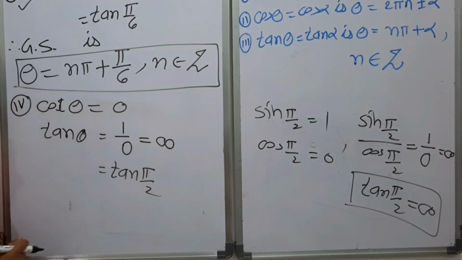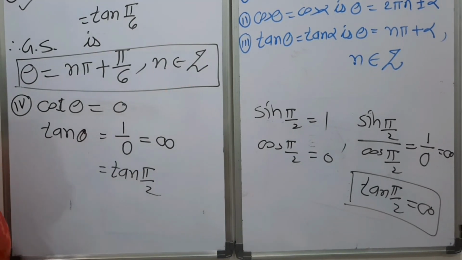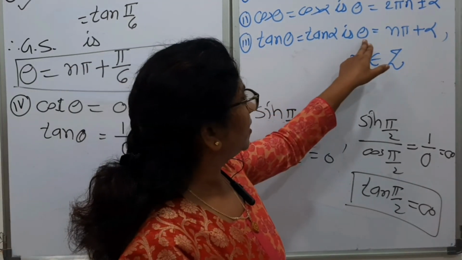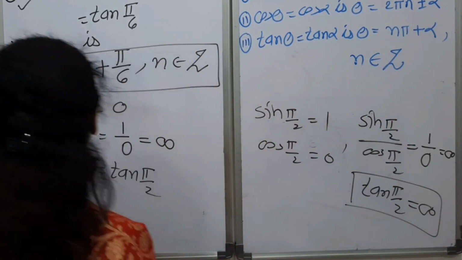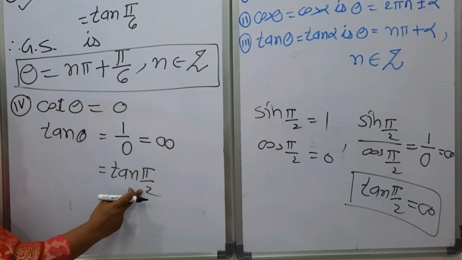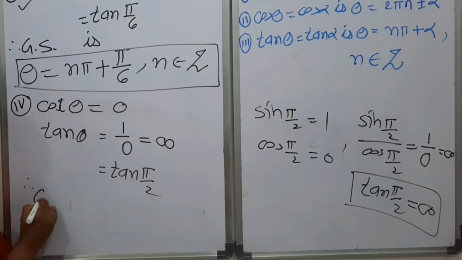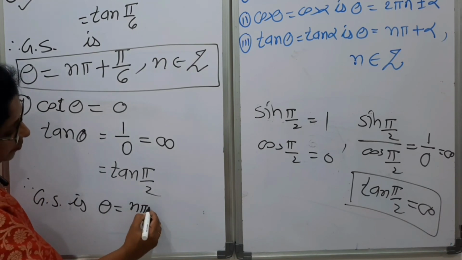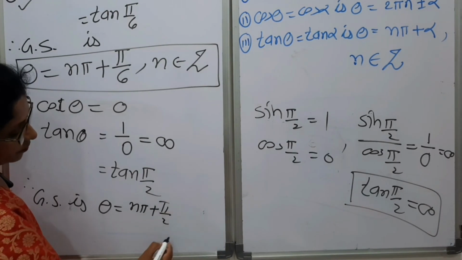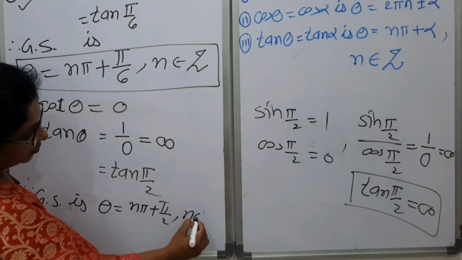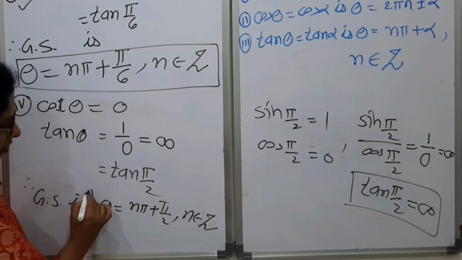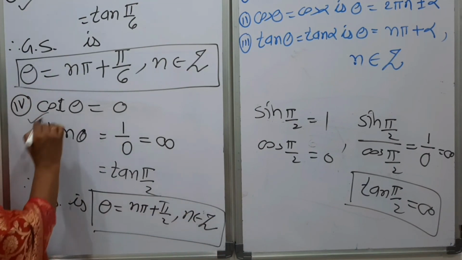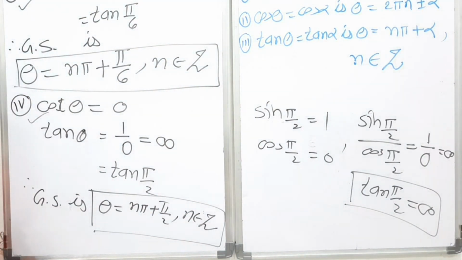Now the general solution of tan theta equals tan alpha is theta equals n pi plus alpha. So instead of alpha we write pi by 2. Therefore, the general solution is theta equals n pi plus pi by 2, where n belongs to the set of integers. So this is the general solution of cot theta equals 0.